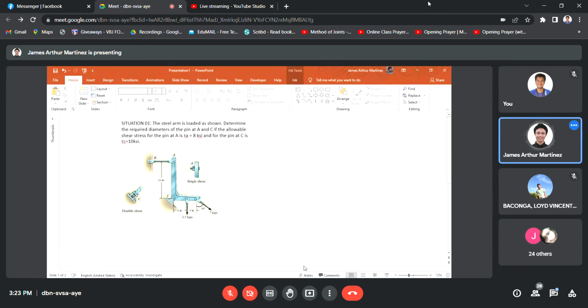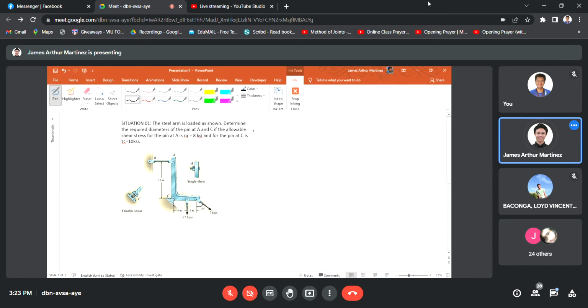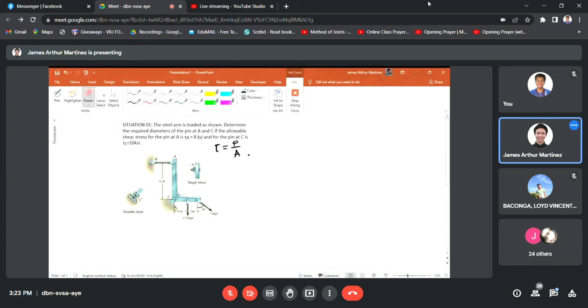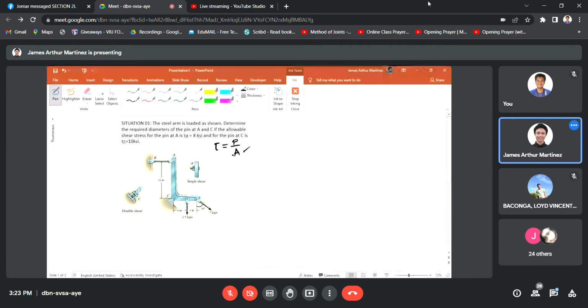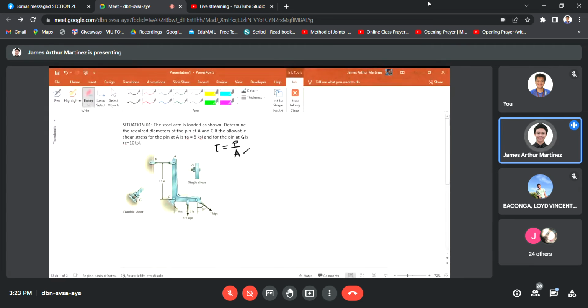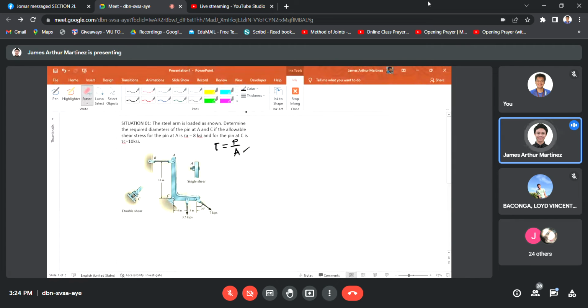Since we have an equation for shear stress, that shear stress is equal to force per unit area. Since we are given the allowable shear stress and the required is the area for pins at A and C, of course we have to determine the actual load applied, or the resisting loads at that point or support.